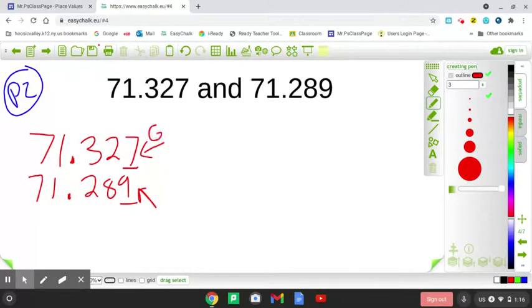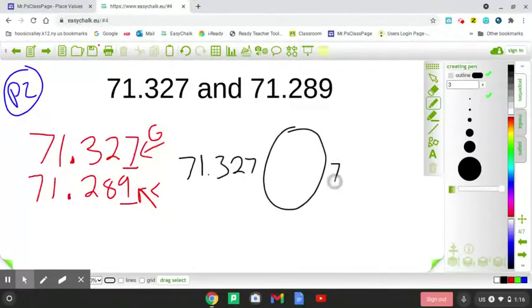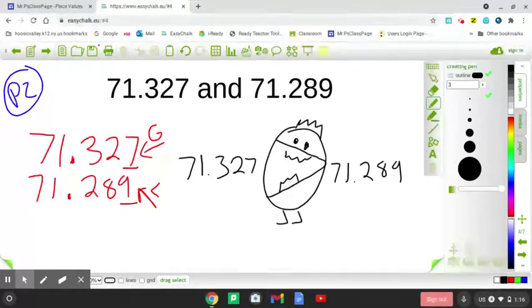This is going to be greater and this is going to be less. So in our inequality, 71 and 327 thousandths compared to 71 and 289 thousandths, we know that this is going to be the greater than symbol. And Eddie is shown to be eating the greater amount.